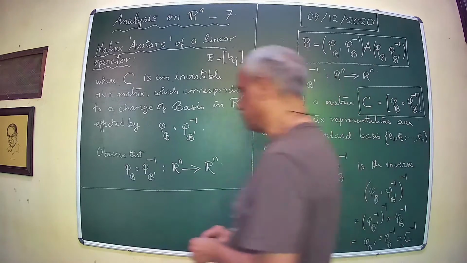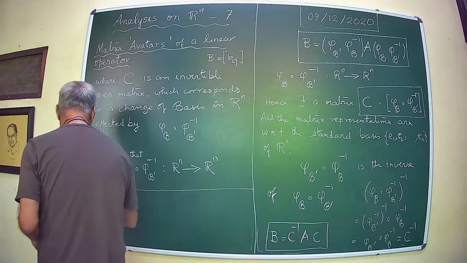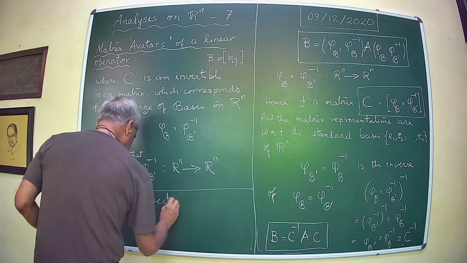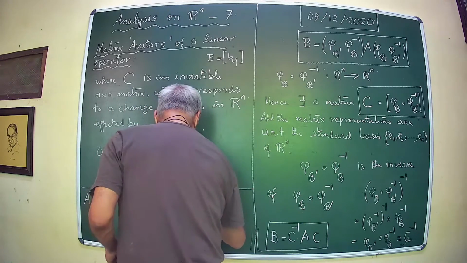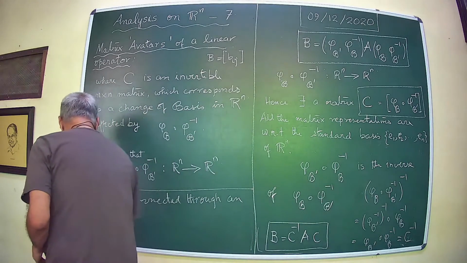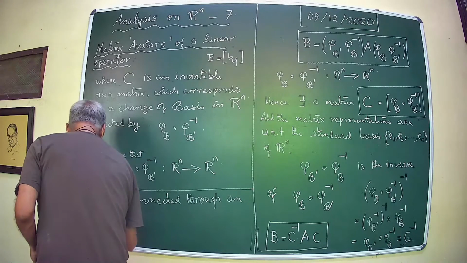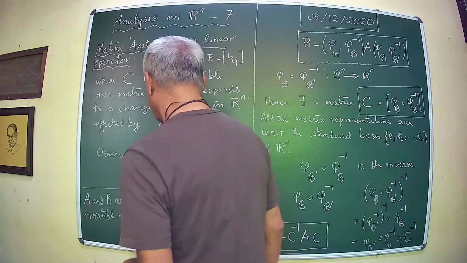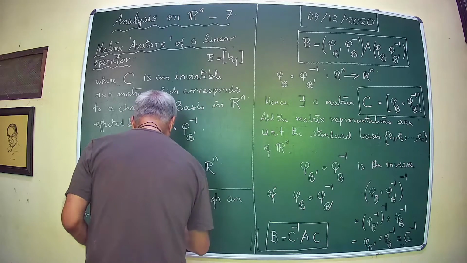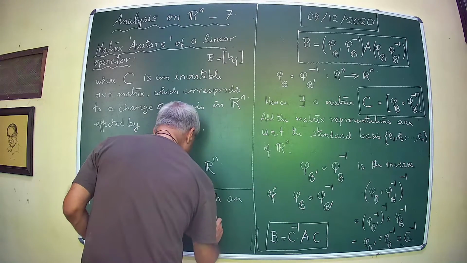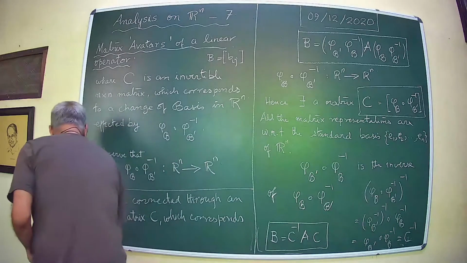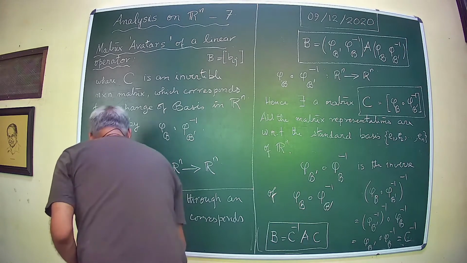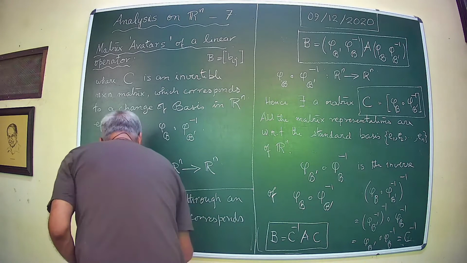So A and B are related by a change of coordinate system.